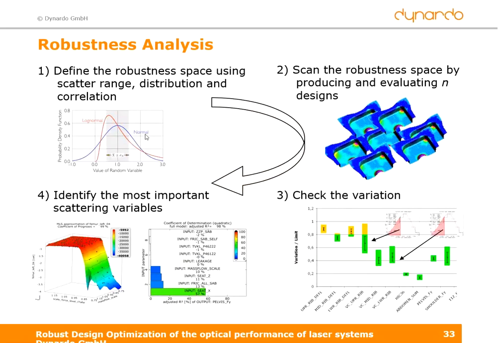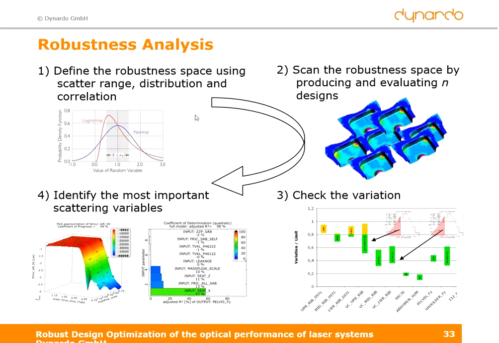To do the analysis, it is very similar to the sensitivity analysis. The difference is that at the beginning you define the robustness space, as I mentioned, that you define your parameters not only referring to the inputs that you defined in the design space, but you also can add environmental factors and loads. And then you define the scatter range and distribution, and you can also define correlations between inputs.